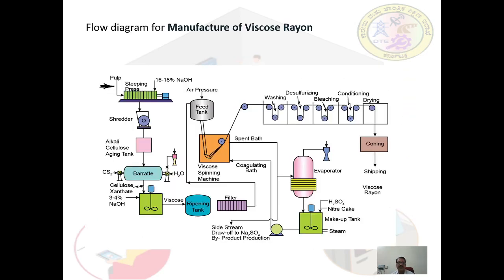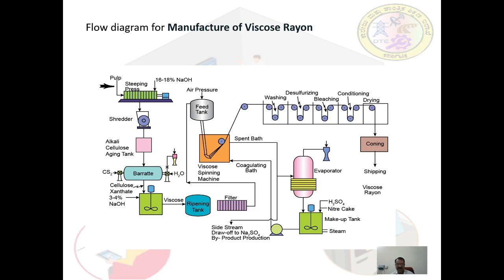The flow diagram is like this. Here the raw materials used in this process are cellulose, wood pulp sheet or cotton linters. These are placed in a steeping press in contact with aqueous sodium hydroxide solution for a period of 2 to 4 hours at normal temperature.